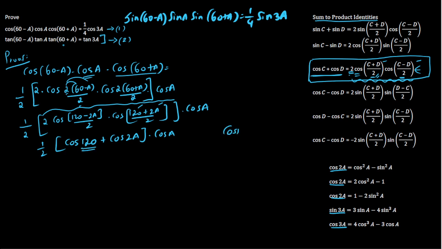So we got to this simplified format, but let's calculate what cos 120 is. Cos 120 is cos(90 plus 30), which is in the second quadrant. Because it's 90, we have to change cos to sine. And since we're talking about the second quadrant, cos is negative, so we put a negative: negative sine 30, which is minus 1 by 2.